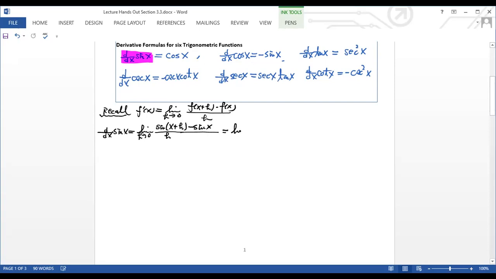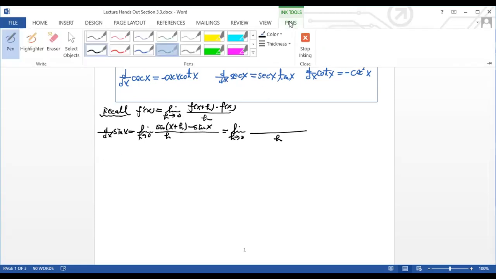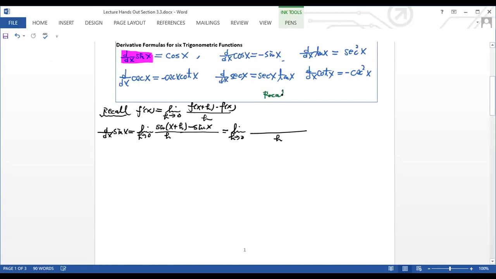Okay, now in here, this is the limit as h approaches 0, with h here. So what is the sine? I'm using the sum formulas, right? So recall the sine of a plus b, that's what we learned in pre-calc. What is this one? It's sine a cosine b plus cosine a sine b.